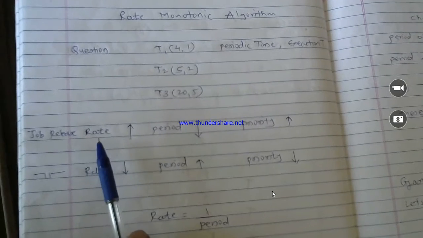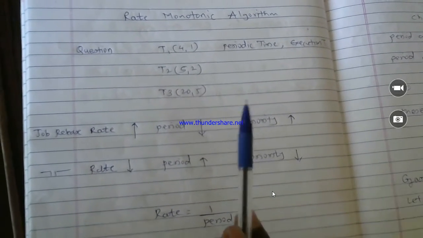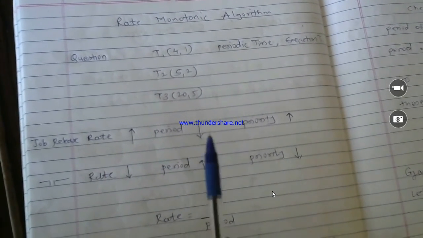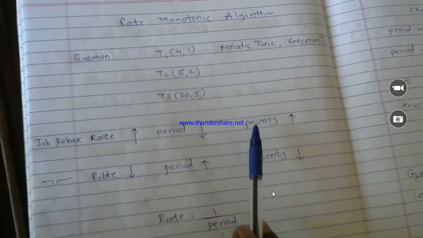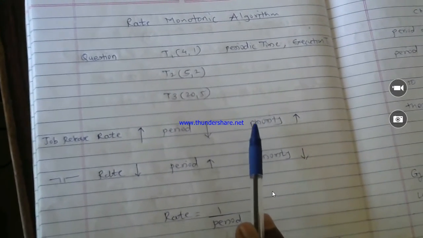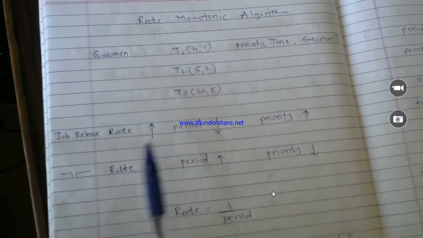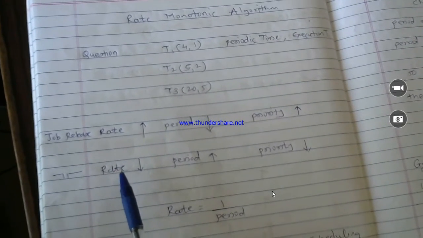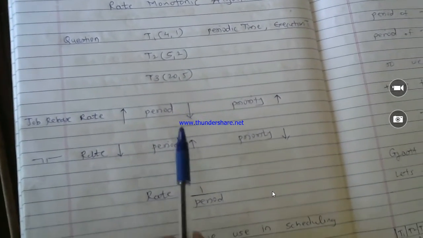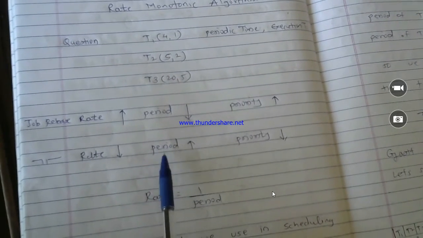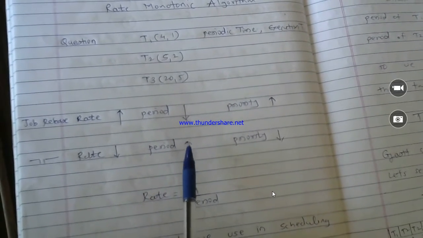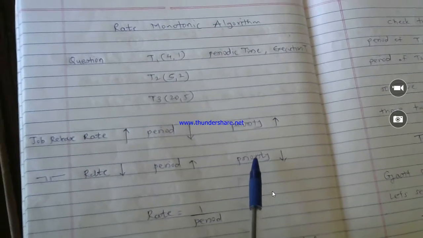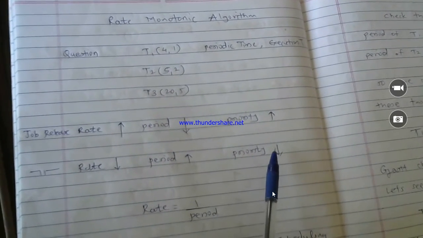If the job release time rate is high and the fixed time interval is low, then the priority of that particular task is considered high. Vice versa, if the rate is low, then ultimately the period goes upward. In that case, the priority of the particular task is considered low.